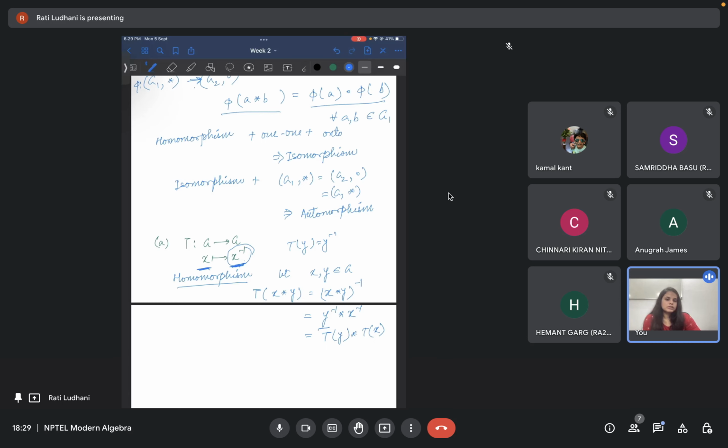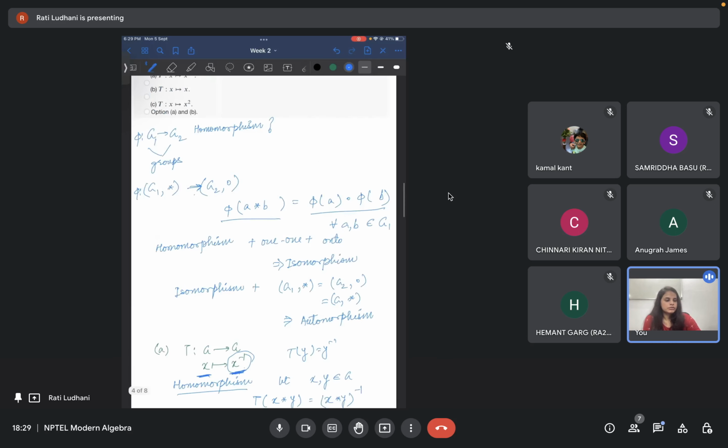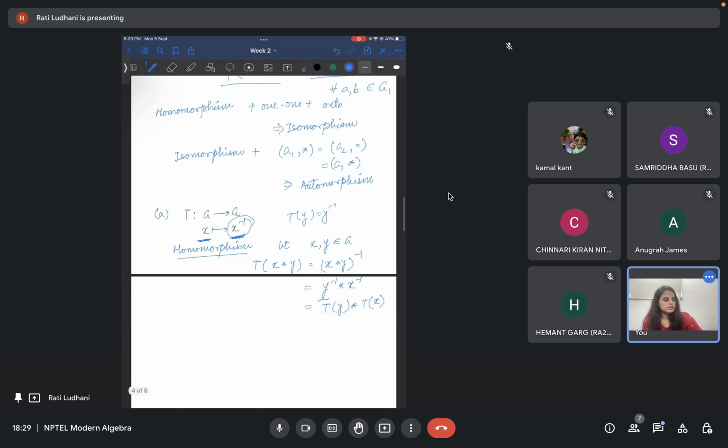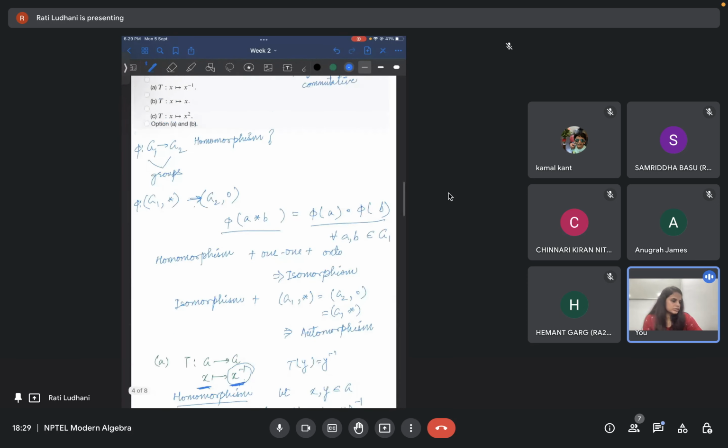Also, since it is not given what kind of group it is, we will assume that this is a commutative group, unless stated otherwise.